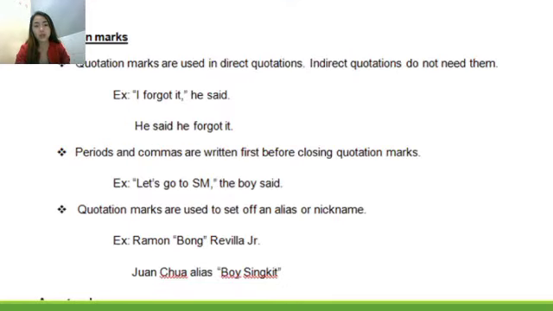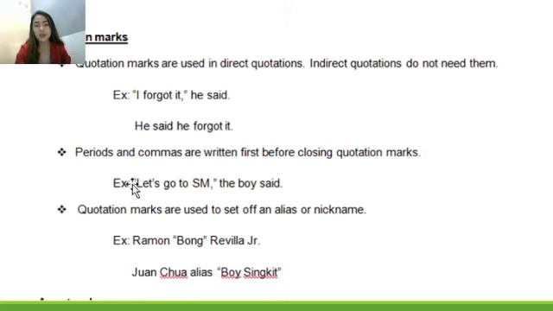And question marks. Quotation marks are used in direct quotation, but if it's indirect quotation, do not need them. "I forgot it," he said. Di ba? He said he forgot it. Ito yung first one na example dito, "I forgot it," he said, that's direct quotation. Pero ito, indirect na to, kasi kwento mo na yung sinabi niya.